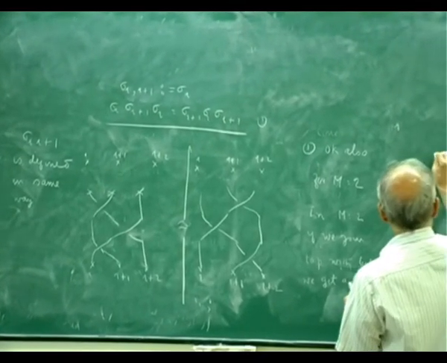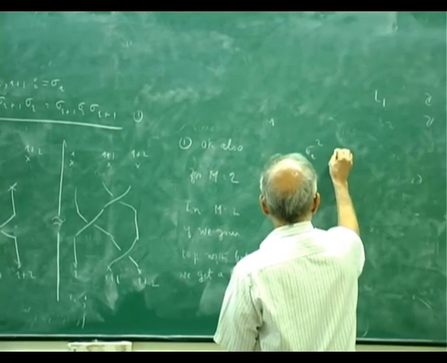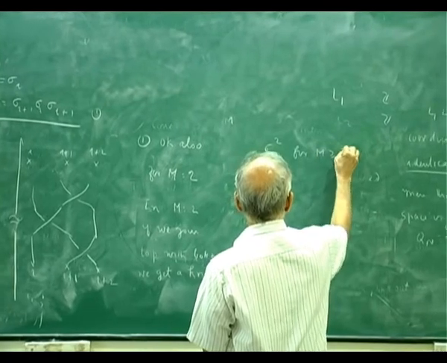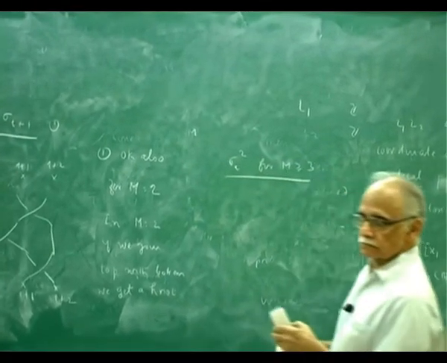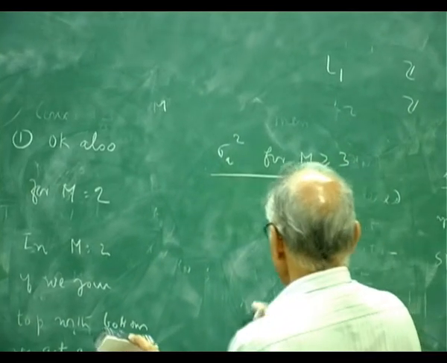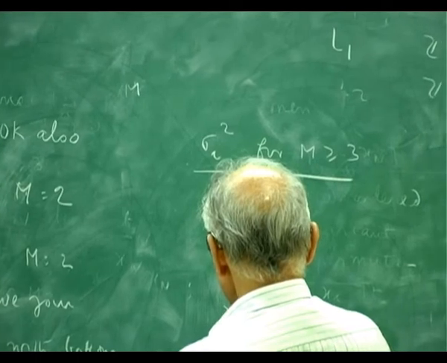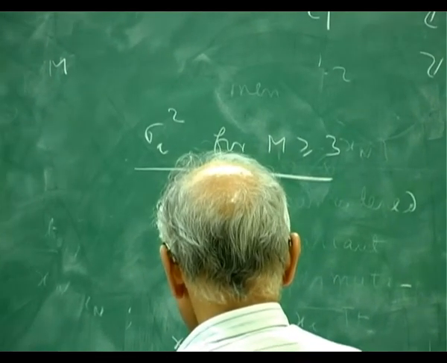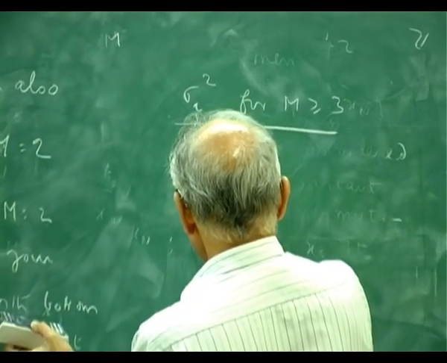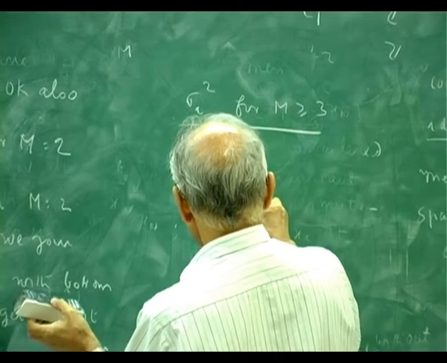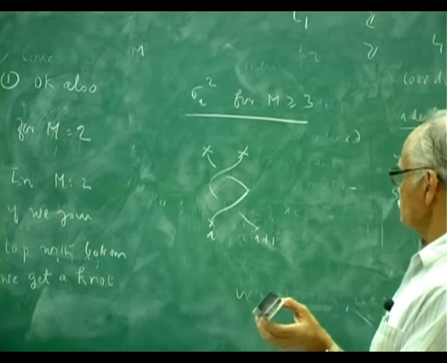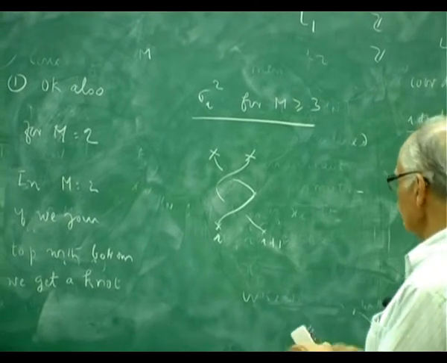Now what happens to sigma_i squared, for m larger than or equal to 3? This is where the difference comes. This corresponds to i plus 1. Now I am going upstairs here, and I am going upstairs here; this is what I am doing, twice.